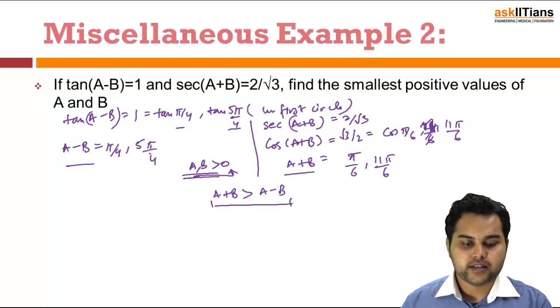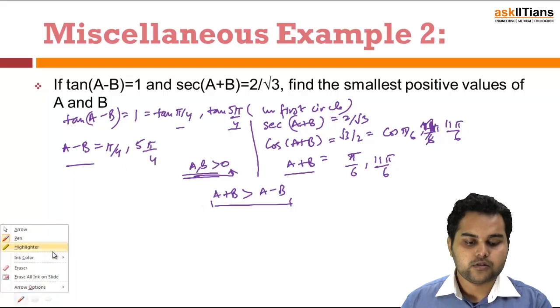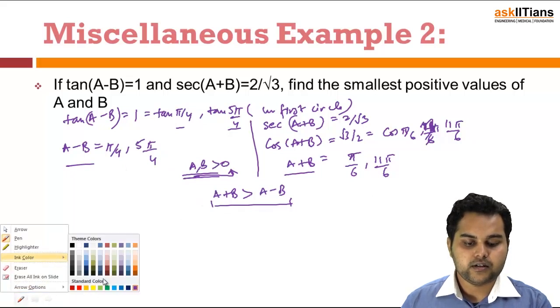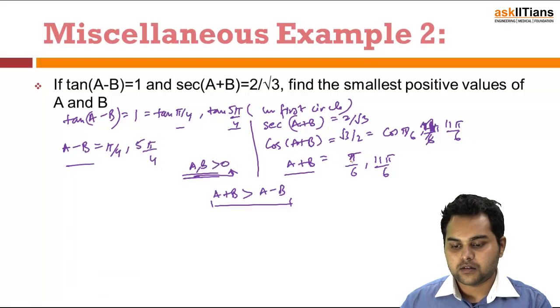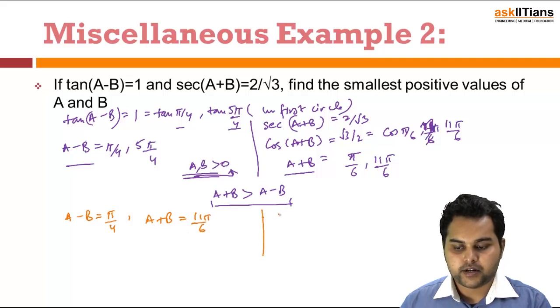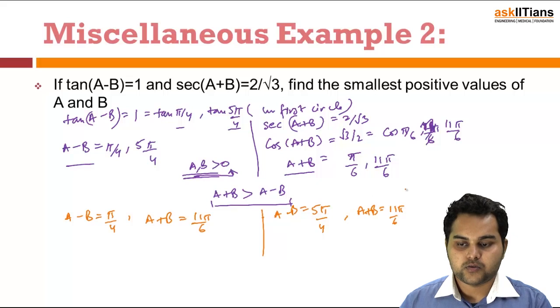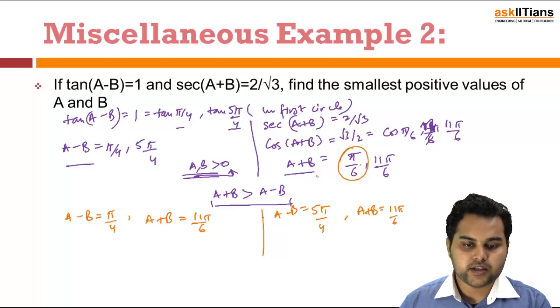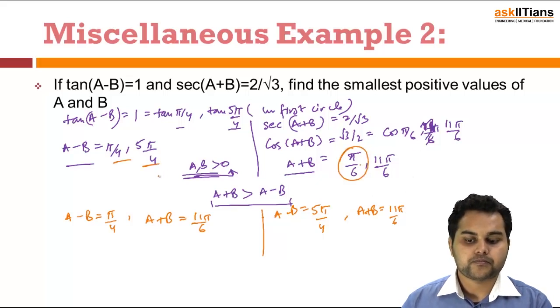So if I consider and select the values for which this equation would be valid, I will get a minus b as pi by 4, then a plus b would be 11 pi by 6, and for the second set, I would get a minus b as 5 pi by 4, and a plus b would be 11 pi by 6 again. So this value would be left out because it is smaller than both the values for a minus b.